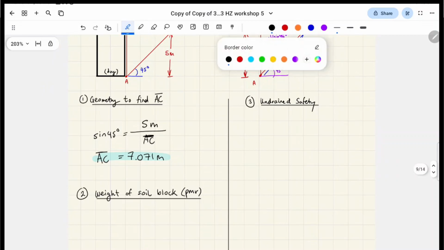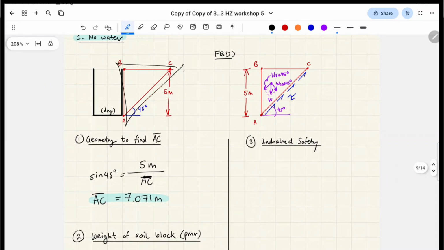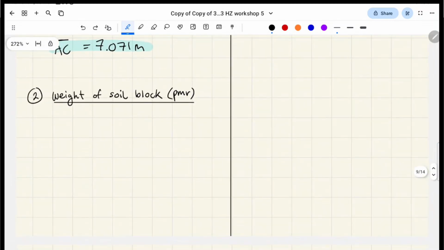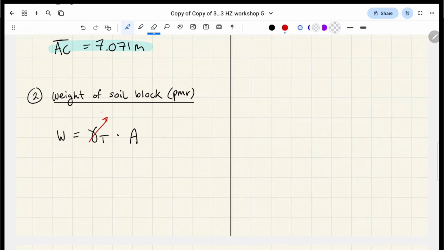Okay. Next, we're still doing prep. We're going to find the weight of that soil block. When I'm talking about the soil block, I'm talking about this triangle, right? So W is going to be the unit weight, which was given to us, multiplied by A. We're using A because we're doing per meter run, remember.